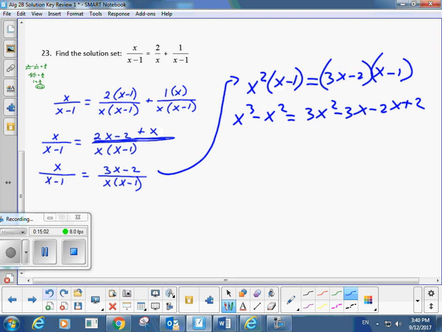I'm going to move all these pieces here. I got x to the third. This is going to be negative 4x squared. These two pieces, that's negative 5, but I'm moving it over, it's going to become positive 5x, and then minus 2 equals 0. So what I did was I moved everything to the left-hand side, subtracting and adding pieces to this side of the equation.